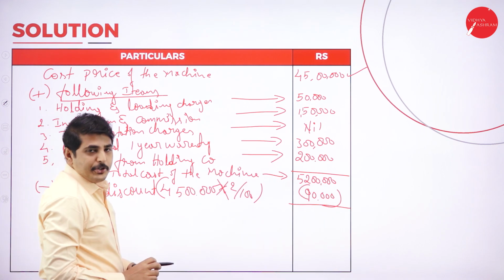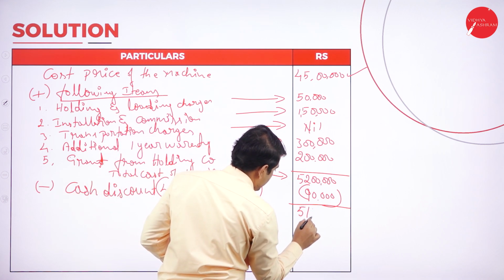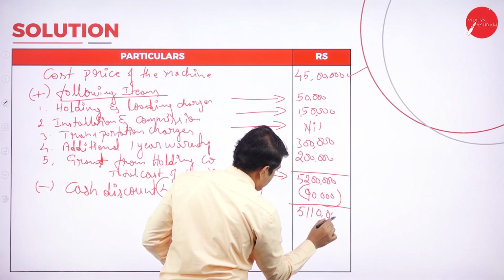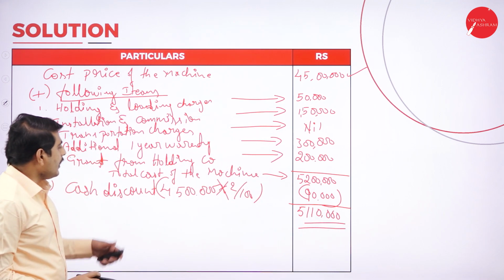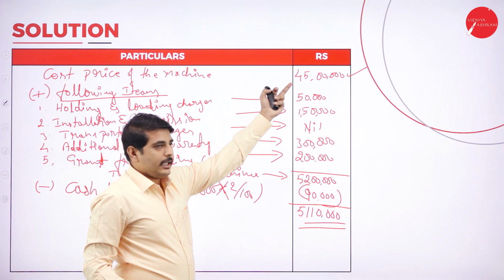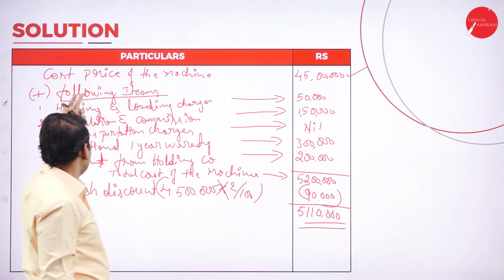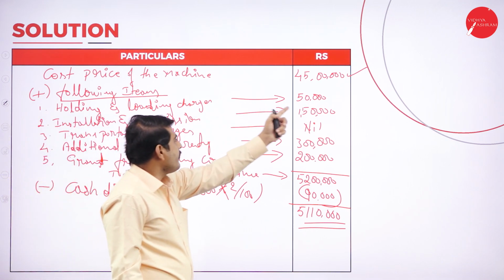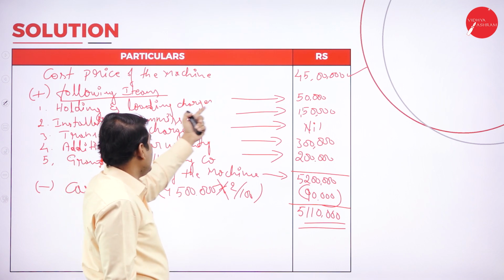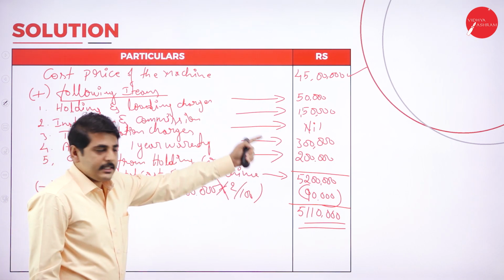So now how much will you get? 51 lakh 10,000. So now again, 45 lakh is the actual cost of the machinery. We added all the items which were excluded. So what are those? 50,000 is the holding and handling charges. 1,50,000 is the installation charges.